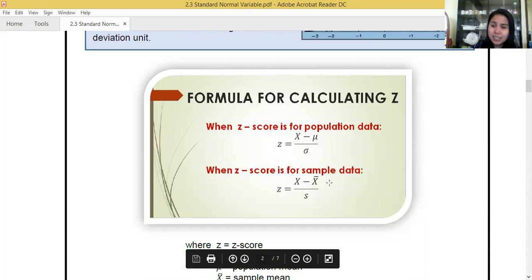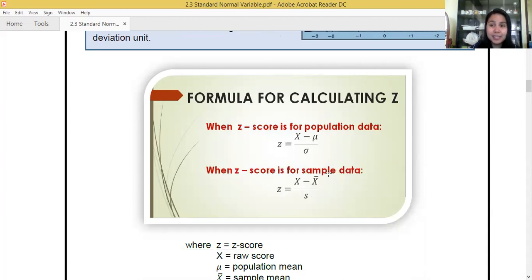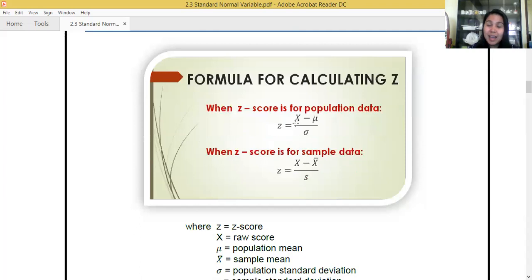Now, here are two formulas. Actually, they are just the same. The difference is the notation. If the given is population data, the Z-score is computed as, let's learn to read symbols, X, your raw score, minus mu.